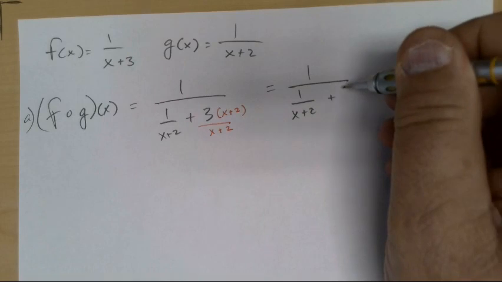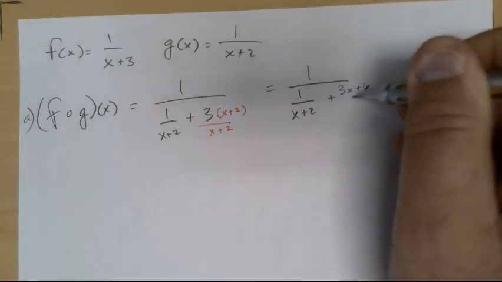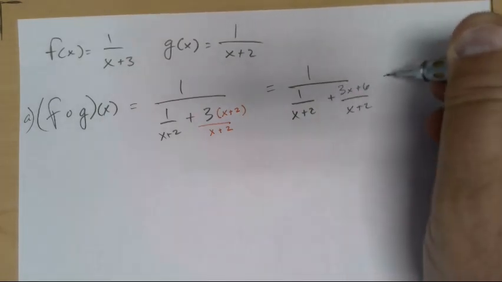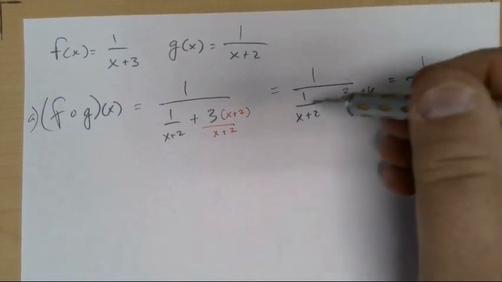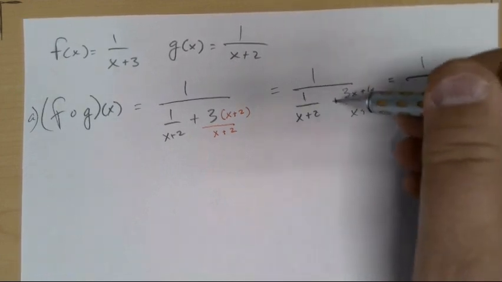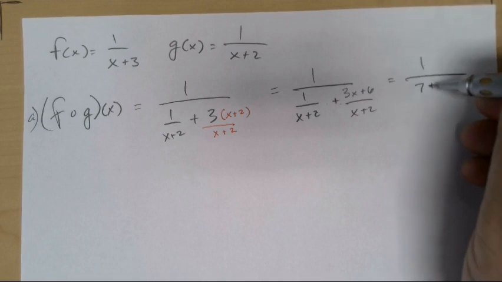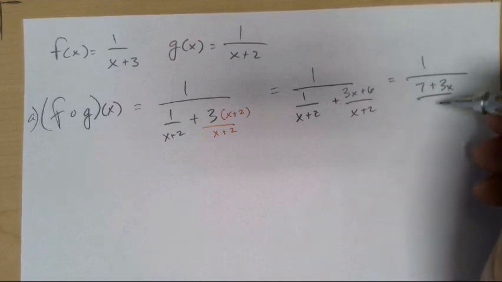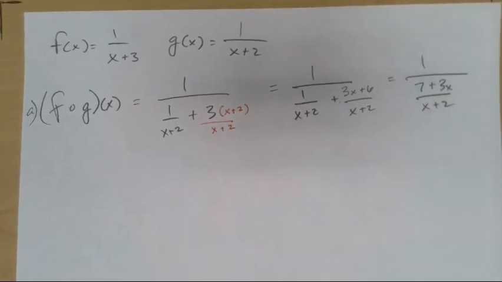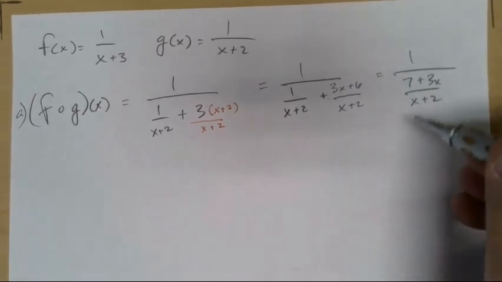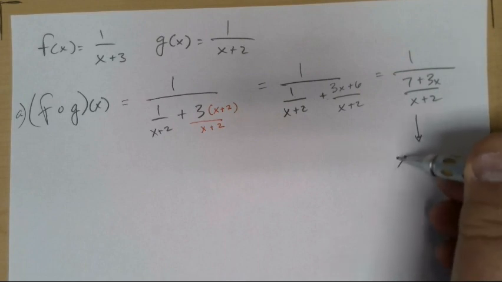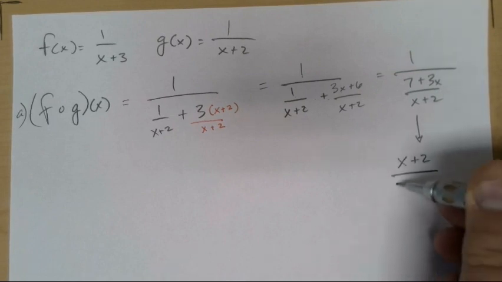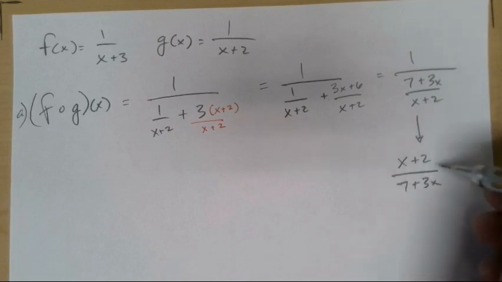That's 3x plus 6 over x plus 2, which is 1 over 1 plus 3x plus 6. Well, 1 plus 6 is 7 plus the 3x all over x plus 2. And then if I do 1 over a fraction, I know it just flips that fraction. So I've got x plus 2 over 7 plus 3x.